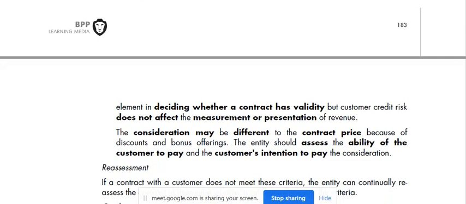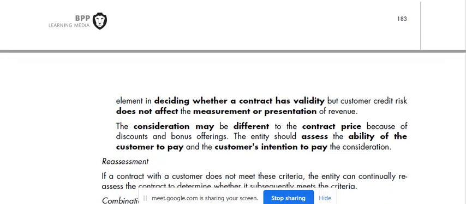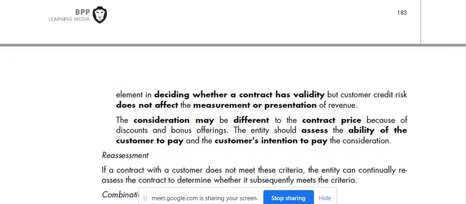The consideration may be different to the contract price because of discounts and bonus offerings. The entity should assess the ability of the customer to pay and the customer's intention to pay the consideration.